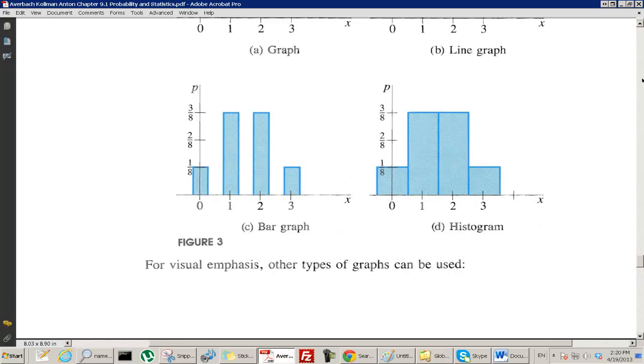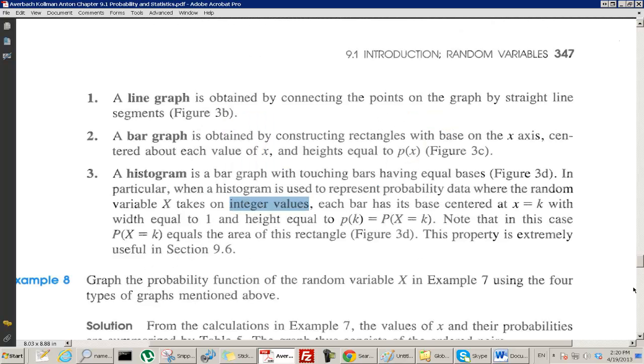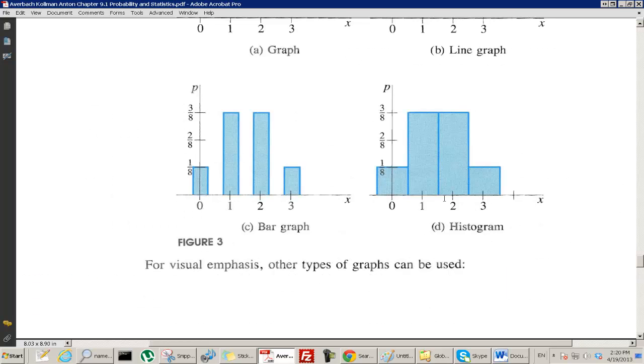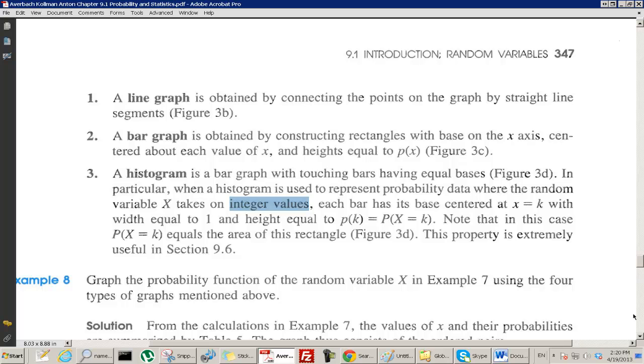That means that the values on the x-axis are integers only. Each bar has its base centered at x equals k. So x equals 1, the centers are here. The integer values are the centers, with width equal to 1 and height equal to the probability.